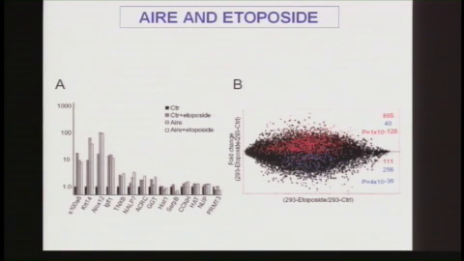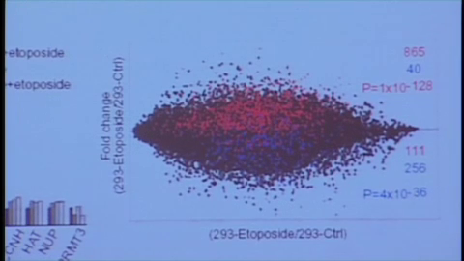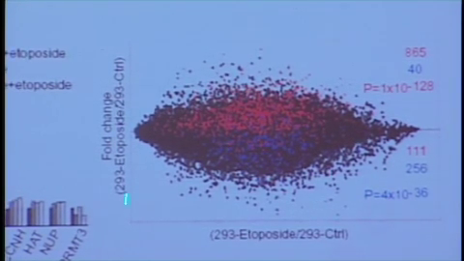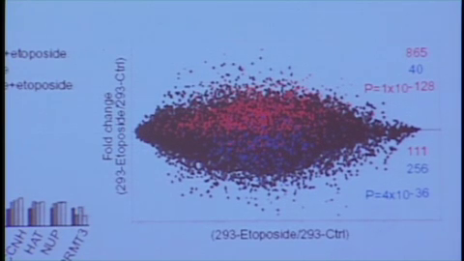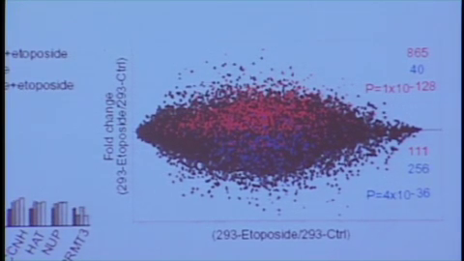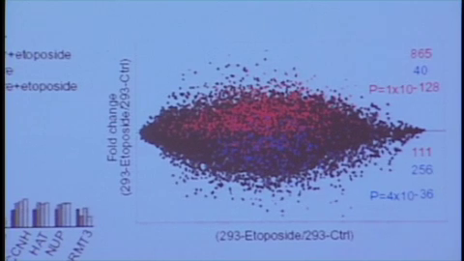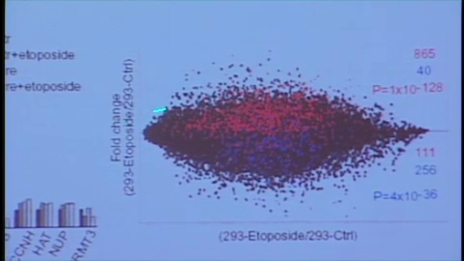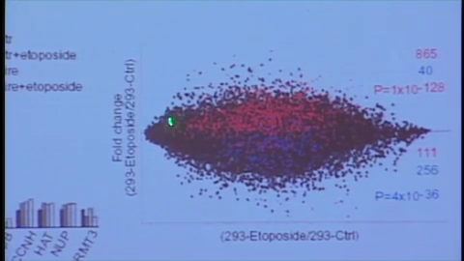Here I'm showing 293 cells, but we have the same results with a medullary epithelial cell line, comparing etoposide-treated with AIRE-transfected. And what we find is that, here what we have in black is the data on the etoposide-treated cells, and then in red we have the known AIRE-induced transcripts.